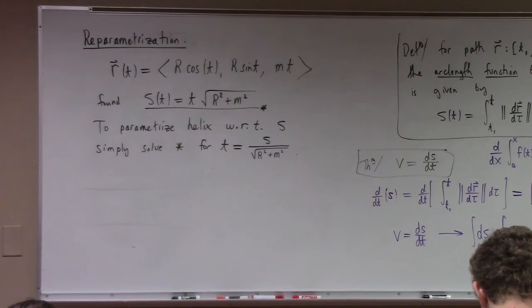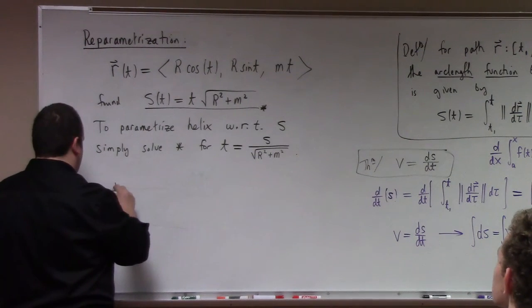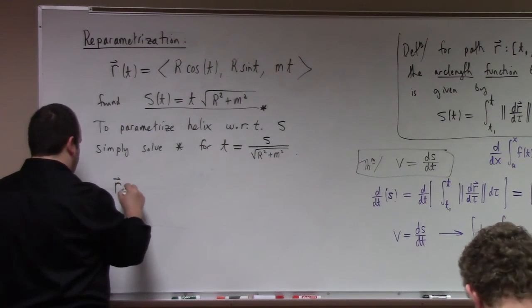And then you take the parameterization you already have and simply plug that in place of t. Let's call this r2 of s.